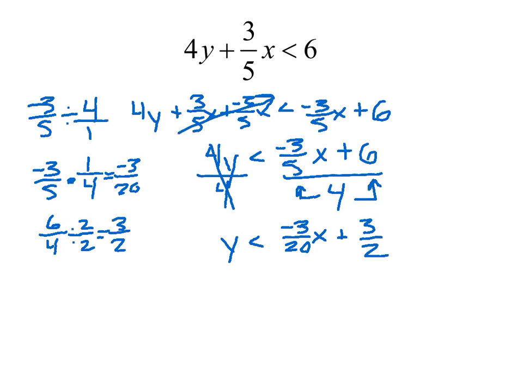We should not change it because we have a positive divided by a positive. That's a good question. When do we change it? When it's a negative divided by a negative or a negative divided by a positive. When it's some sort of division that makes it change.